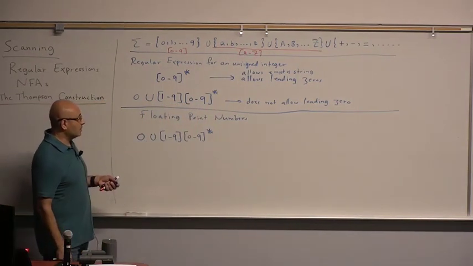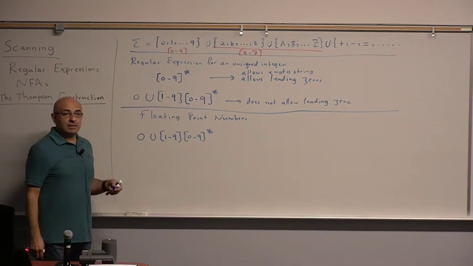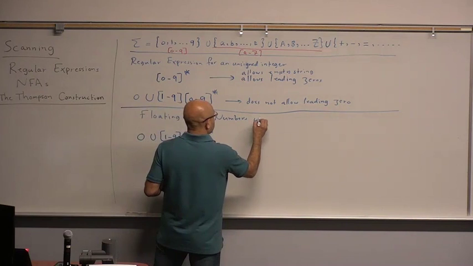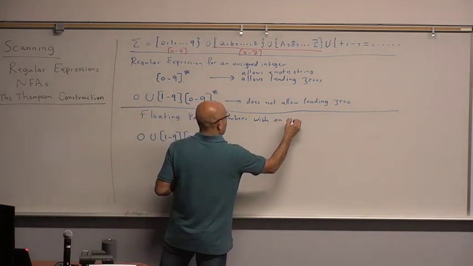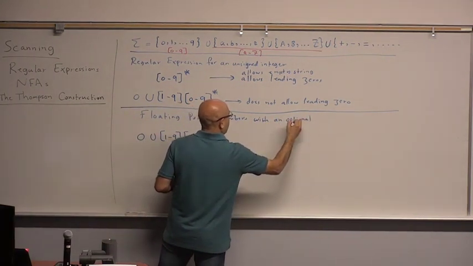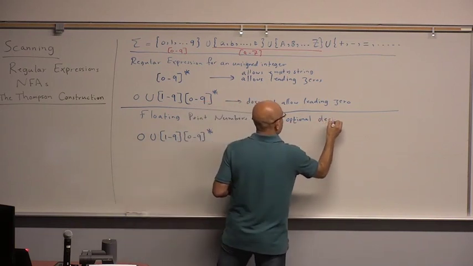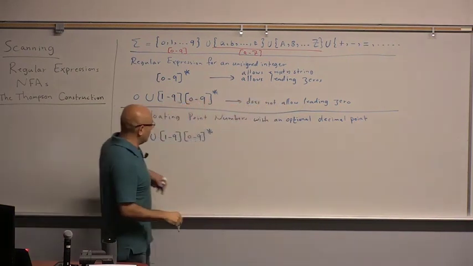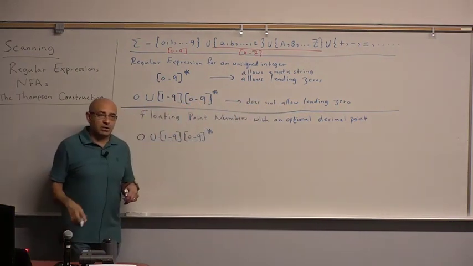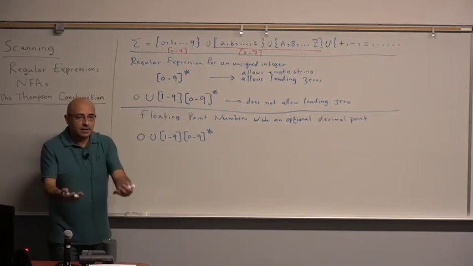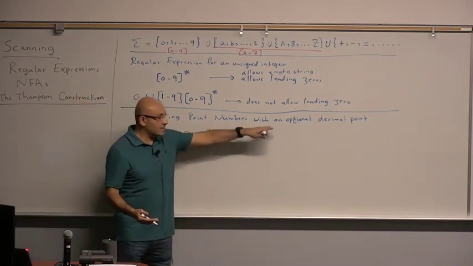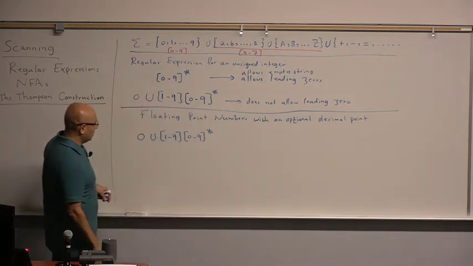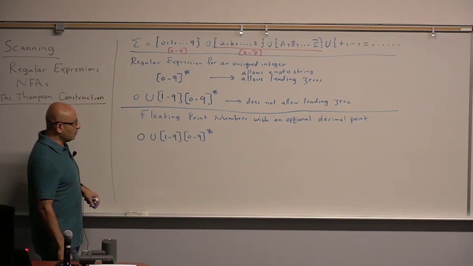A decimal point. So let's say that the decimal point is optional here. Floating point numbers with an optional decimal point. Again, in this course, it's not our job to decide whether the decimal point is optional or not optional. This is given to us, and we build a compiler that satisfies these specs.